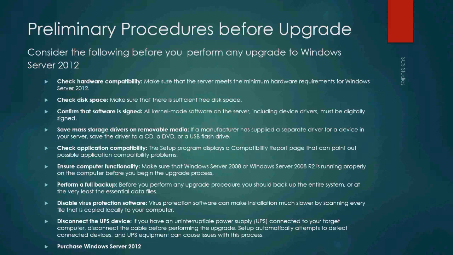The next thing is to check application compatibility. Application compatibility is also an important part here. The setup program displays a compatibility report page that can point out possible application compatibility problems. I'm giving you an example.